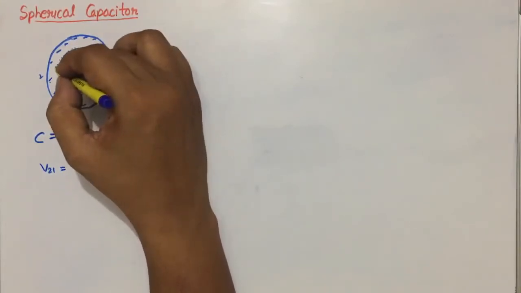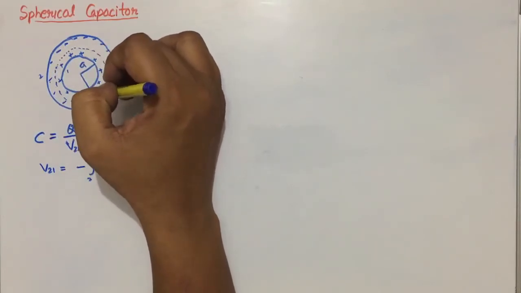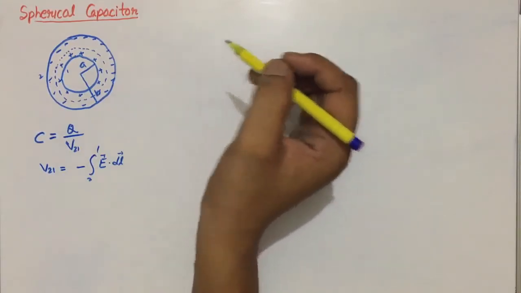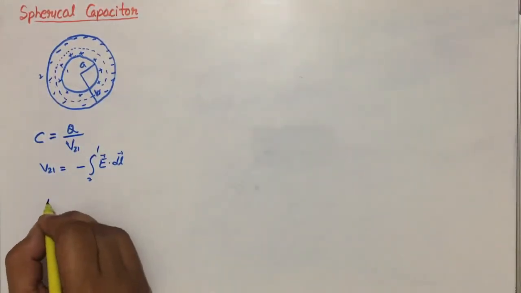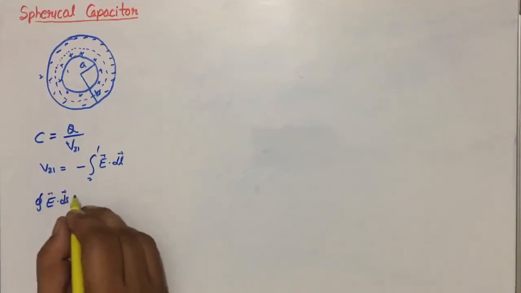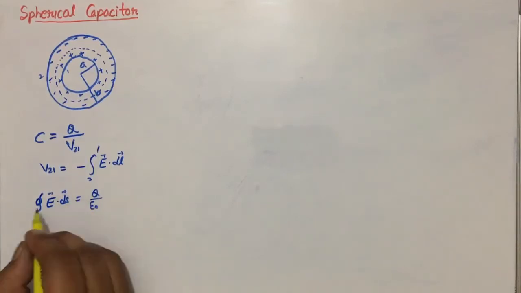So take any point and form the Gaussian surface to find the E according to the Gauss law. We have studied it clearly. So from that we can write E dot ds is equal to the charge enclosed by epsilon naught, if it is E here.